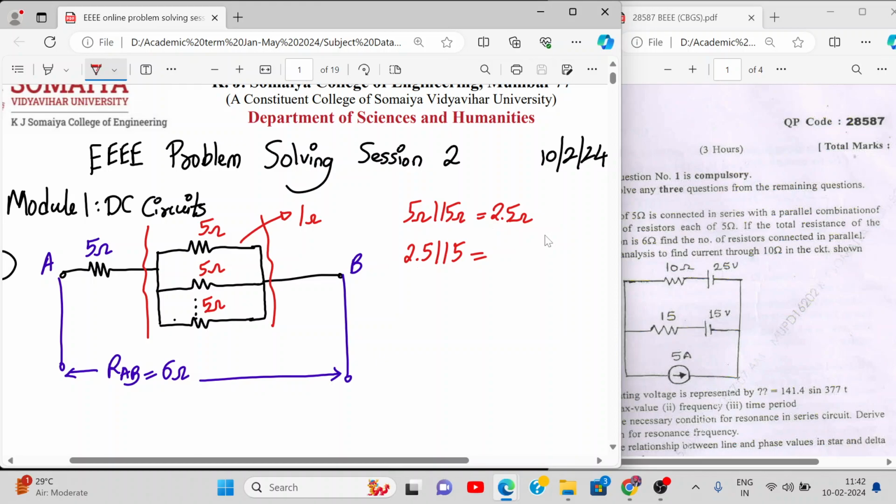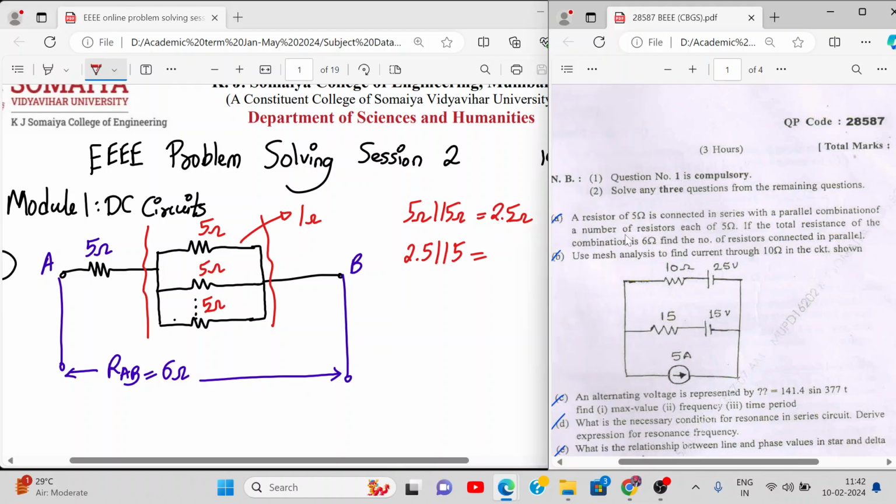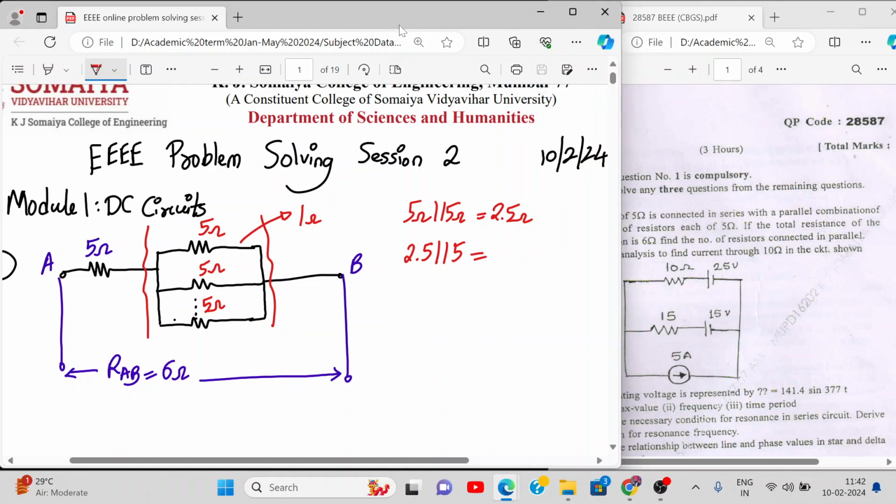2.5 parallel to 5, how much? Let me know the value. 1.666.